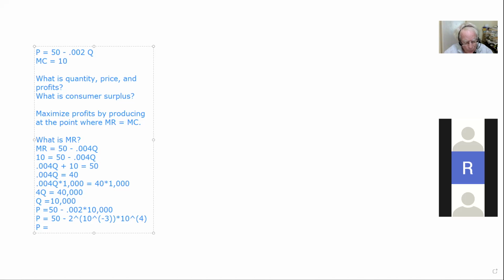So the problem is simple to solve. 10 to the power of 4 times 10 to the power of minus 3 is just 10. So the price for a cup is 30 tenge.